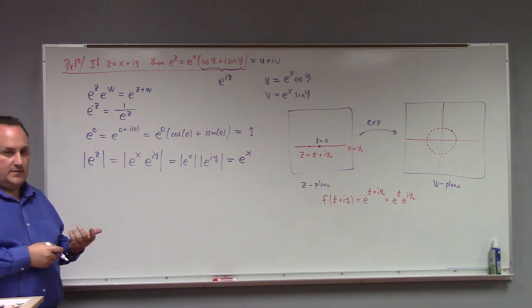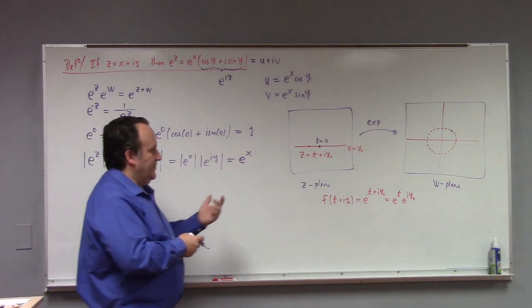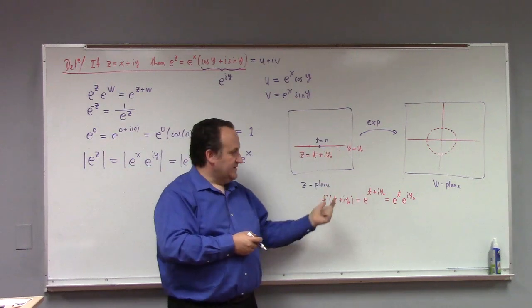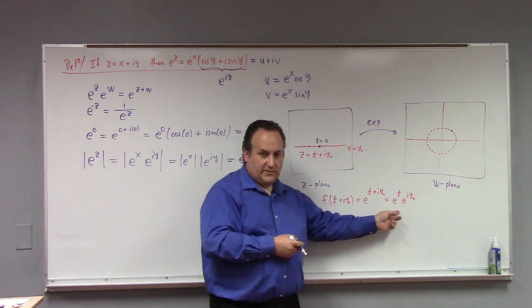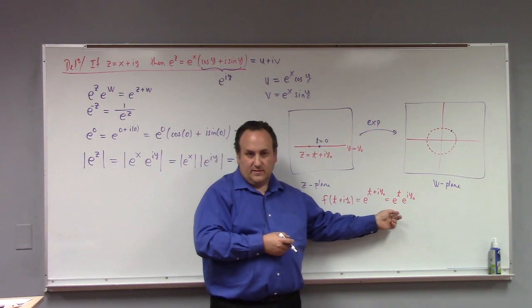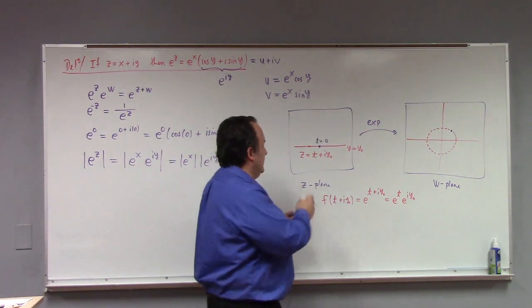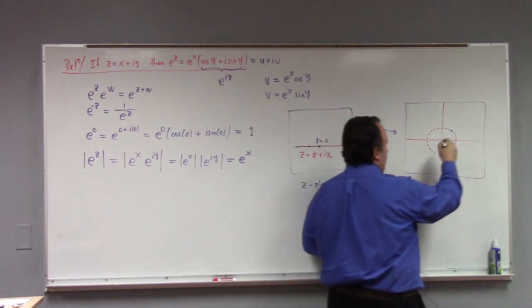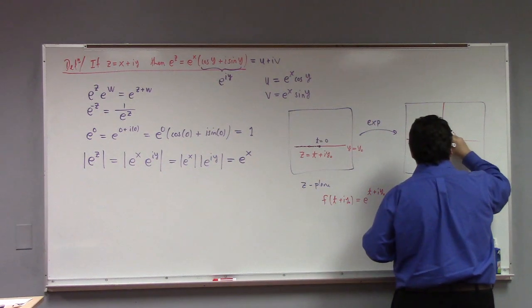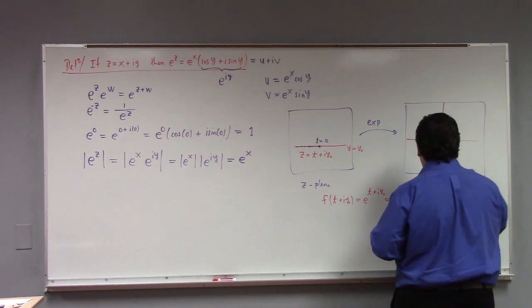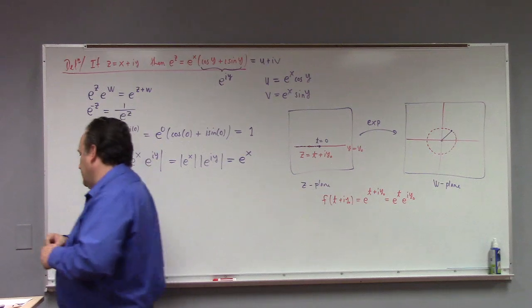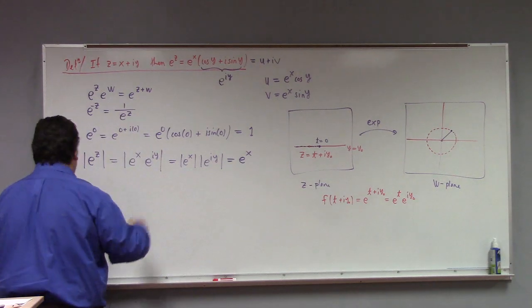And then what happens as t goes to minus infinity? This line goes to what? As t goes to minus infinity, this gets closer and closer to 0, but never gets there. So this part over here, as we go to minus infinity, all maps onto this right here. And what happens with t positive for this line?